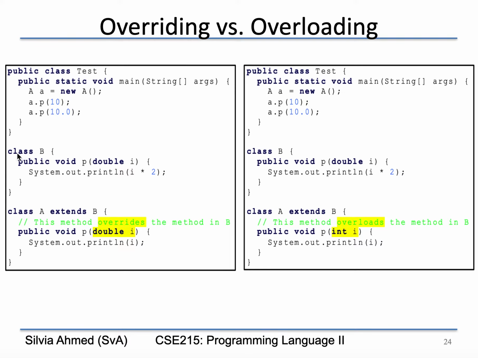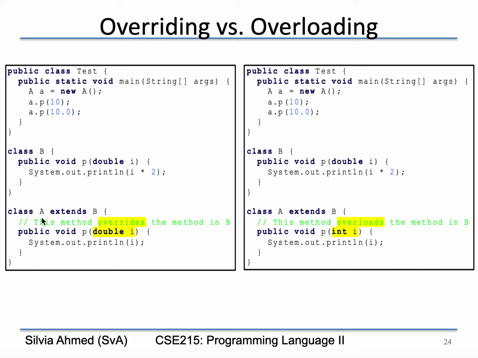Then we have two classes, class B and class A extends B. In class B, there is a method named P which has a double parameter. Inside this method P, it simply prints twice the input parameter, just like before. Up to this point, everything is the same.